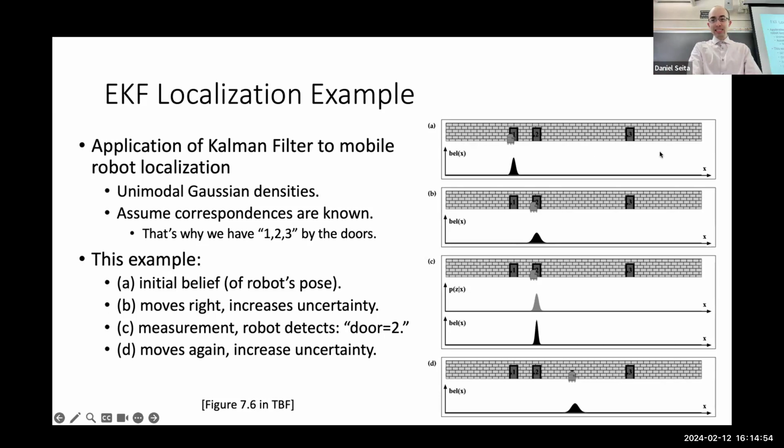And so we have this example where the robot is along some kind of hallway. The point of the Kalman filter is to derive a belief over where the robot is. Now, the belief can be specified with just one value because it's some X value along this line, right?